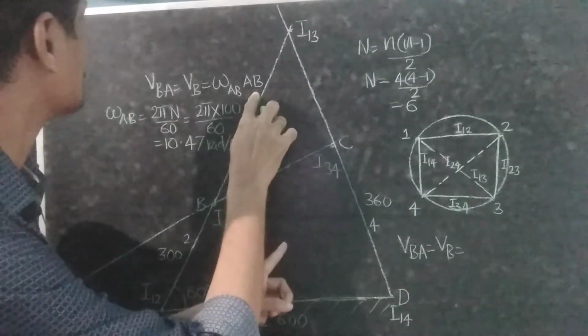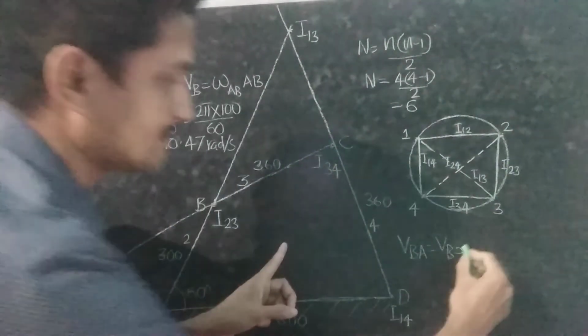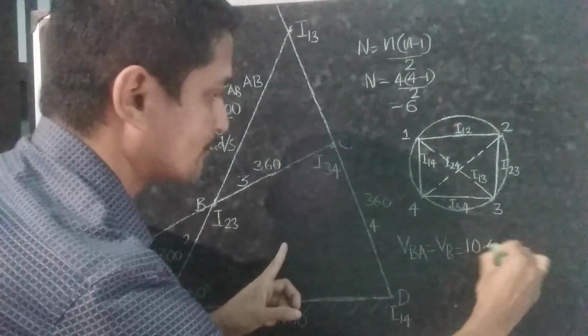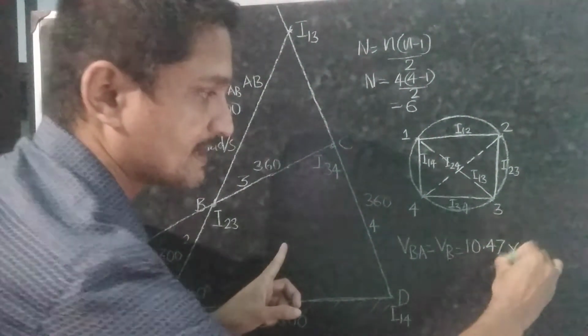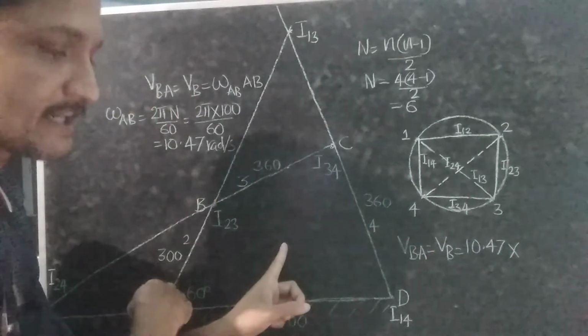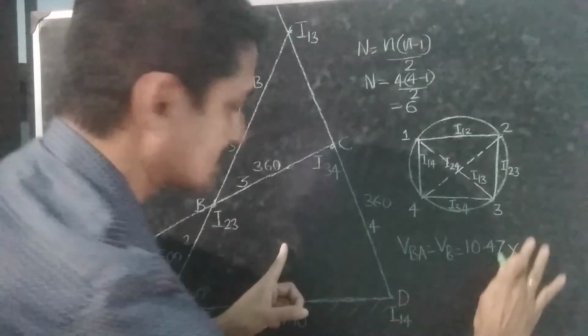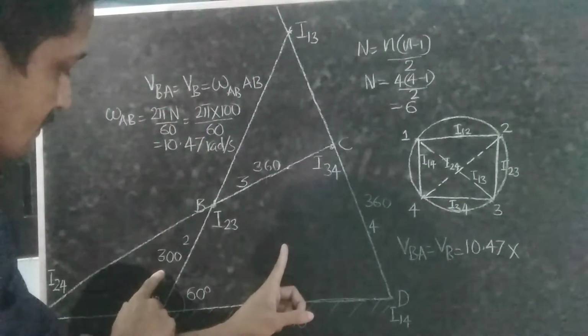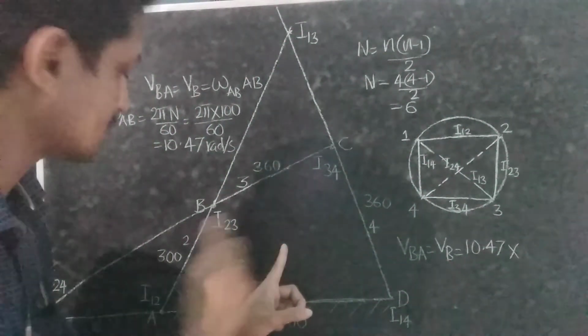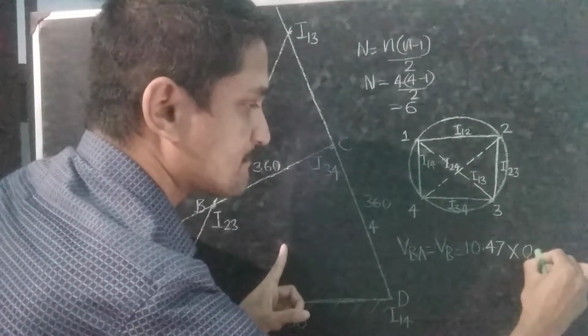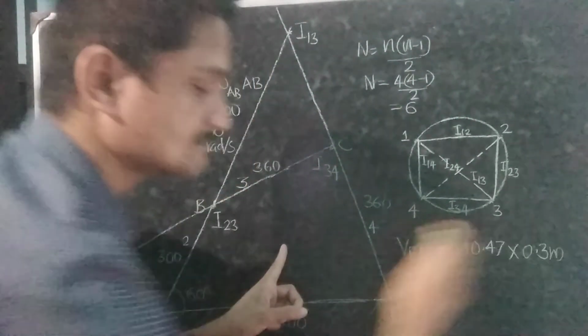Omega AB is 10.47, into AB, which is 300 mm, that means 0.3 meter.